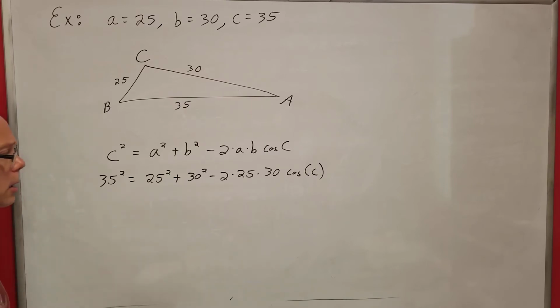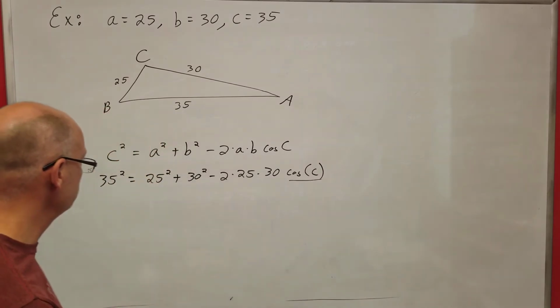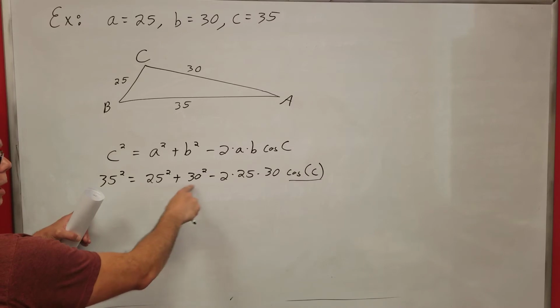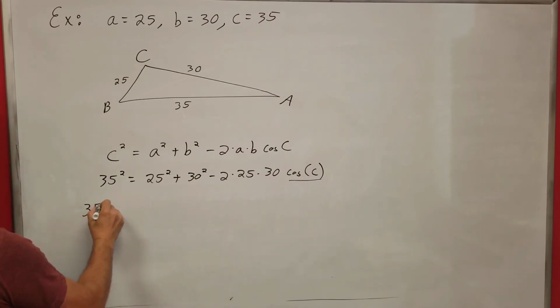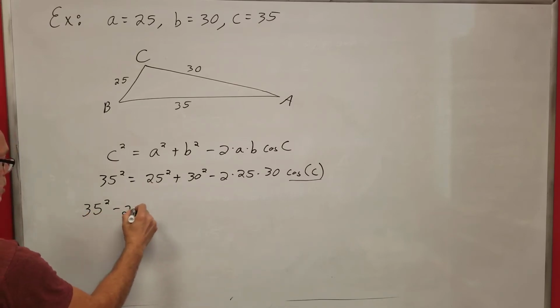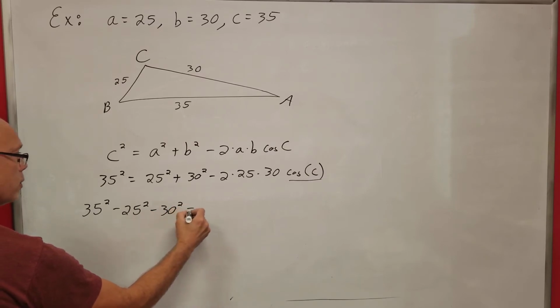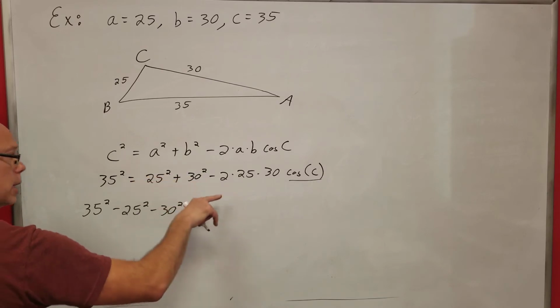All right, let's think about how we could solve for the cosine of C right here, okay? First of all, let me go ahead and subtract 25 squared and 30 squared from both sides. So I have my 35 squared right here. But now if I subtract 25 squared and 30 squared from both sides, what am I left with on the right side of my equal?